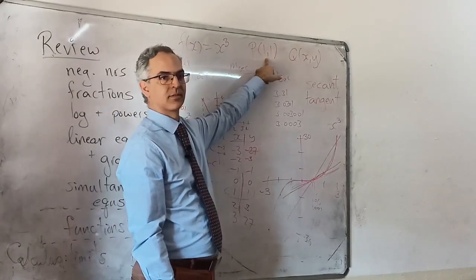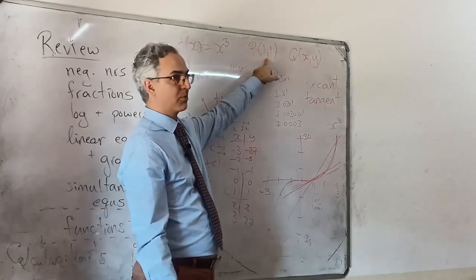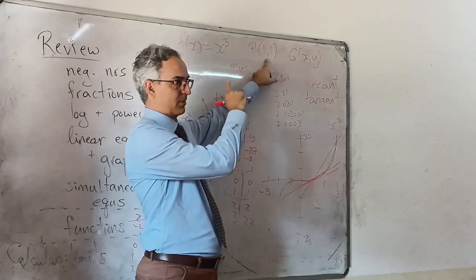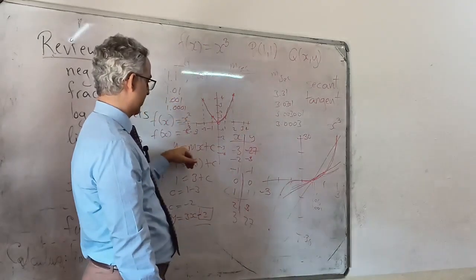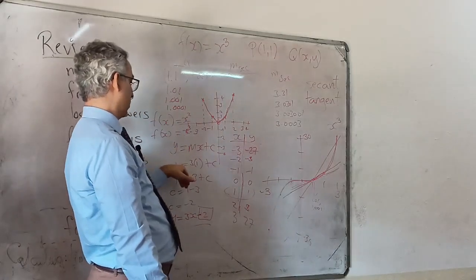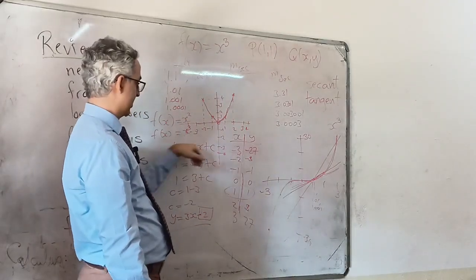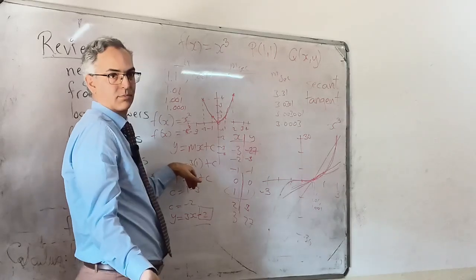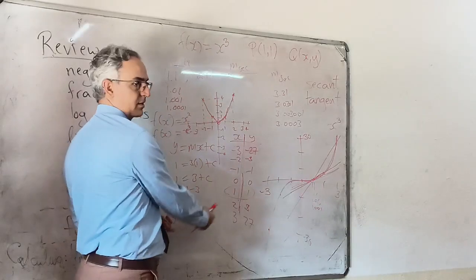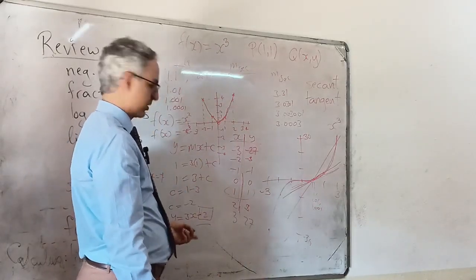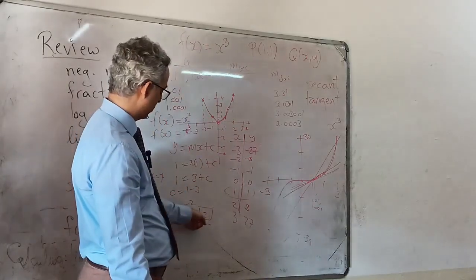I don't know any other points, but I know one point, this one. So I want the equation of the tangent line. I know that 1, 1 satisfies the equation of the tangent line. If the point is on the line, then the coordinates of the point satisfy this equation. We can check.